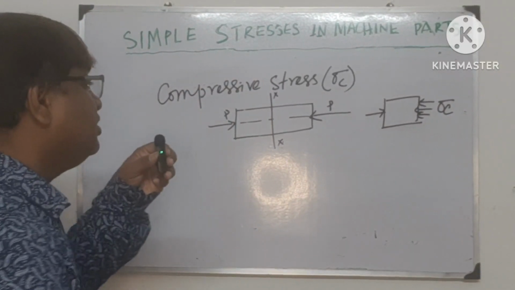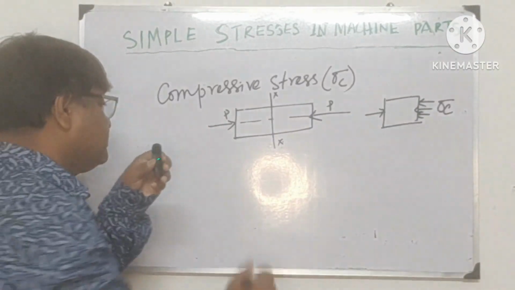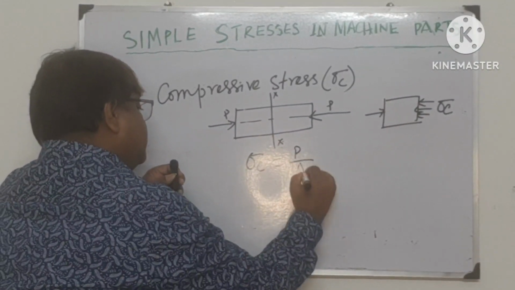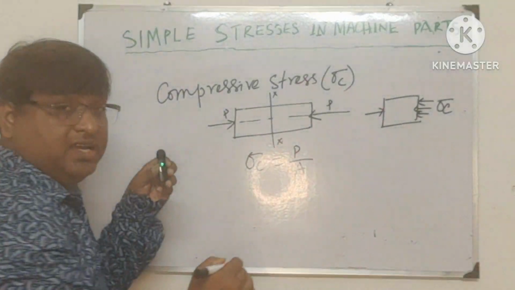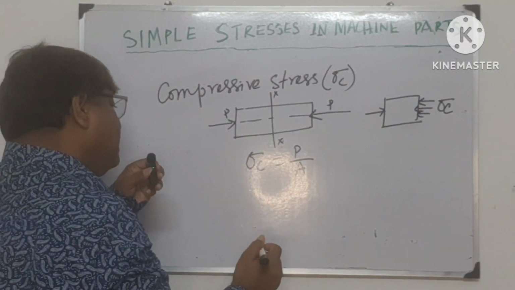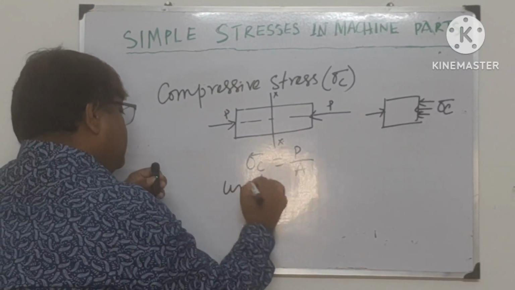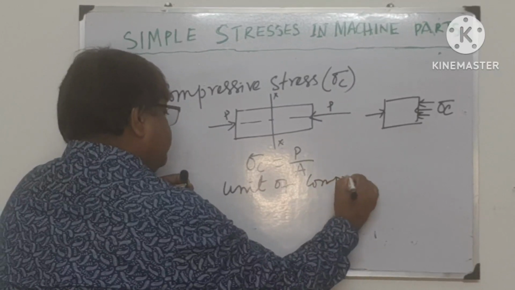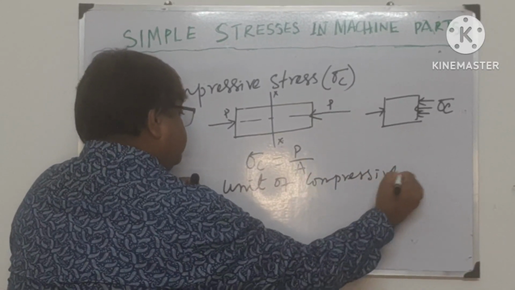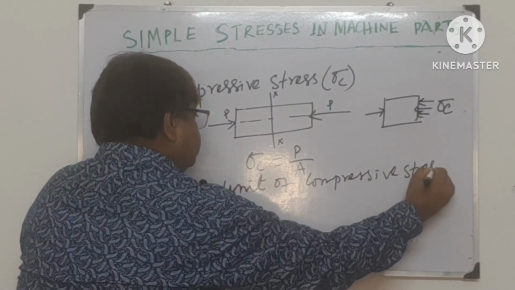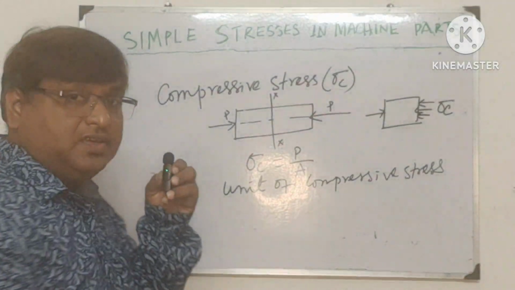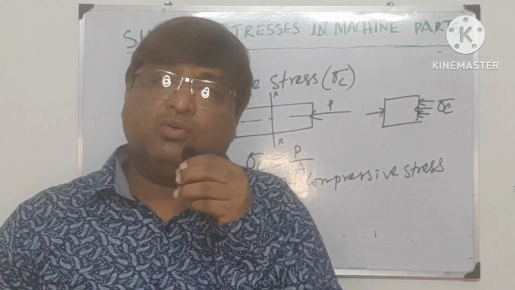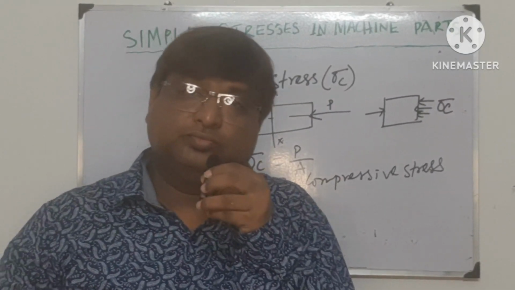We denote it as sigma c. Sigma c is P by A, that is force per unit area, and the unit of compressive stress is the same as tensile stress.